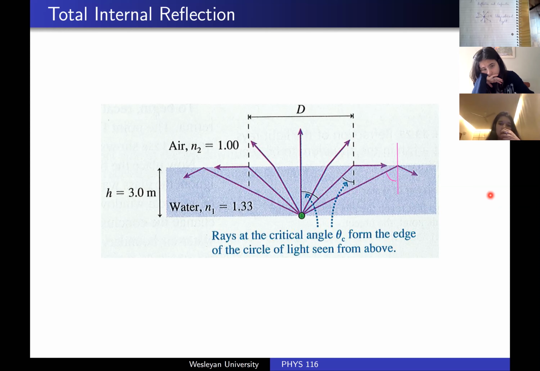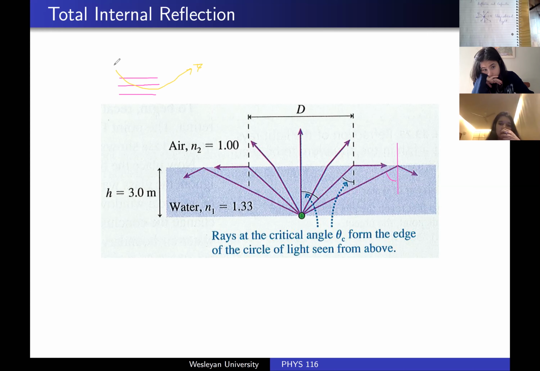If you're just driving on a hot day, you can see a reflection of maybe the car in front of you, or maybe of the sky. Basically there, the hot air near the road surface has a much lower refractive index. And so light which was heading downward, as it passes through the layers of air with different refractive indices, ends up bending away from the normal until it just reflects and then comes back up to your eye.